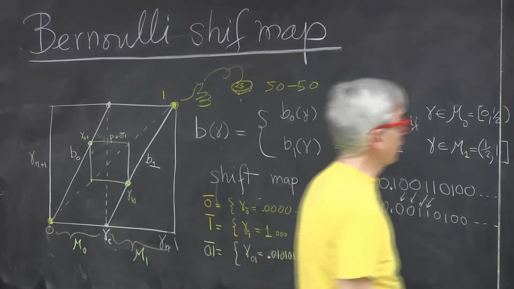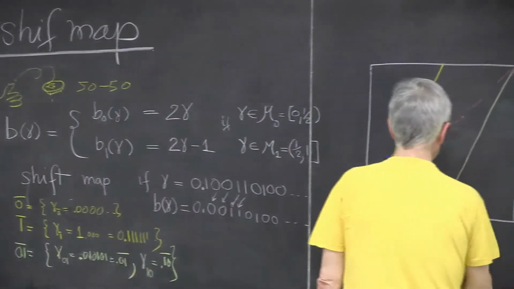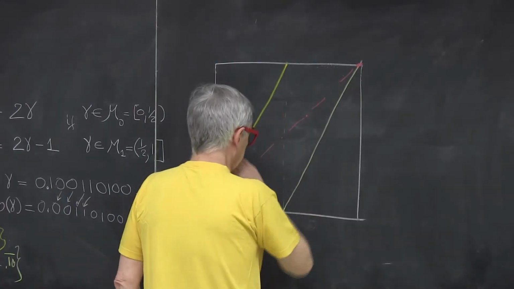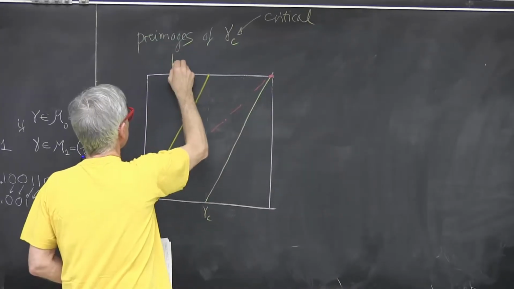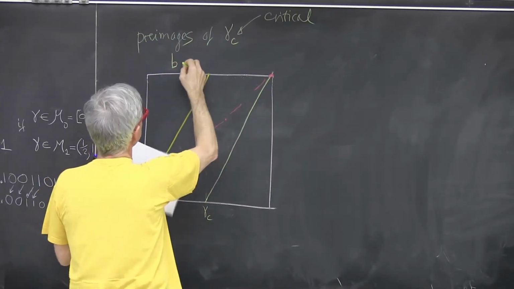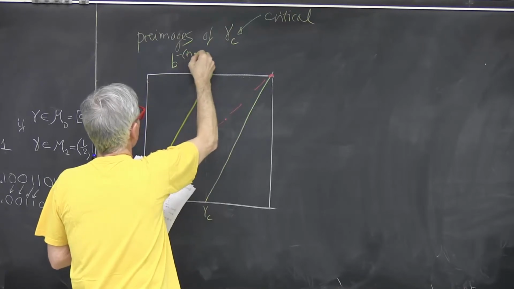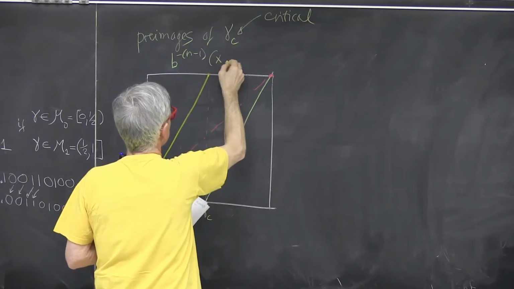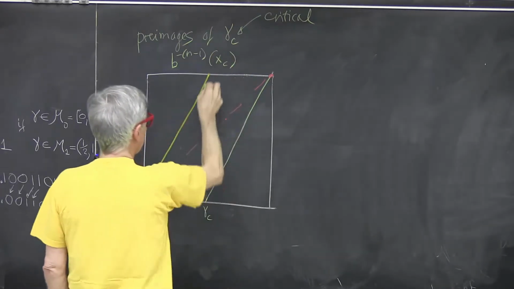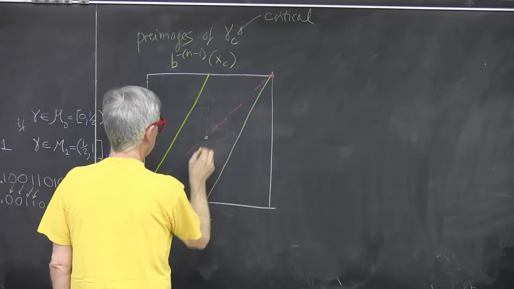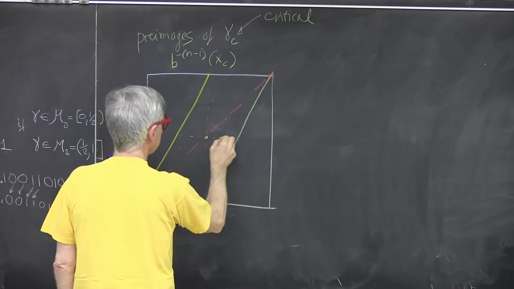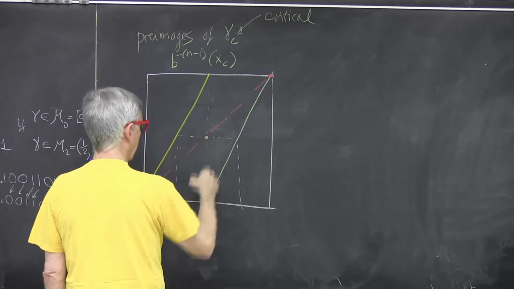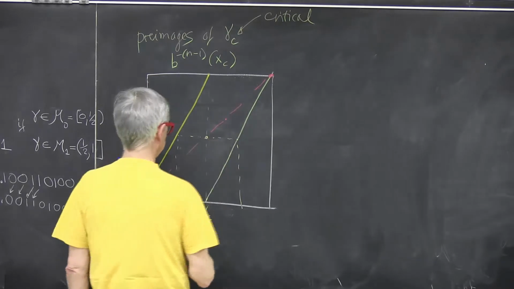Another aspect of this model is the critical point, which seems like a pain, but this critical point has the following property, that its pre-images. I take the map, and I take its inverse, and then I do a little counting. Now, what are the pre-images? A pre-image is something that maps into it. So there are 2 points which, under one iteration, map into the critical point. And they're well defined.